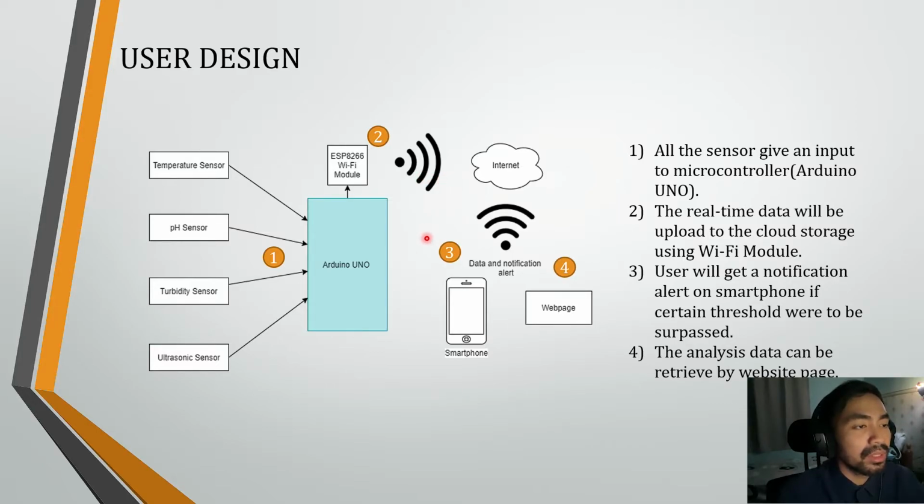Third, the user will get a notification alert on the smartphone if a certain threshold is surpassed. Lastly, the analysis data can be retrieved by a website page, and also the smartphone application, which is Blynk.